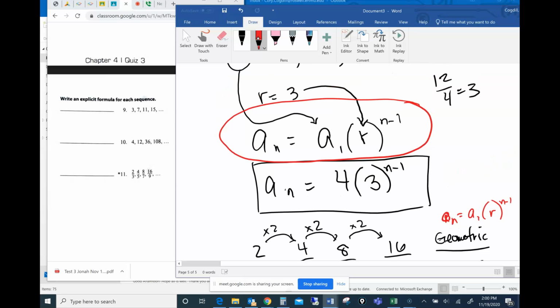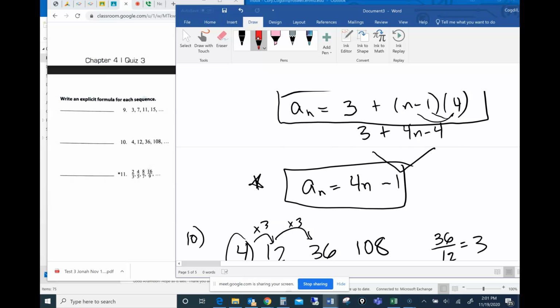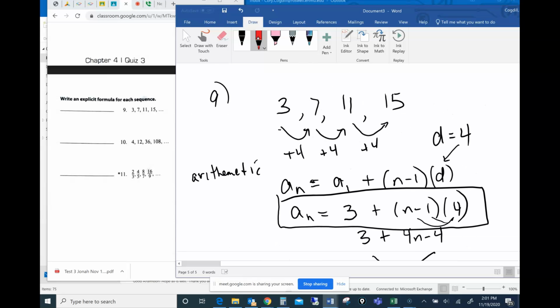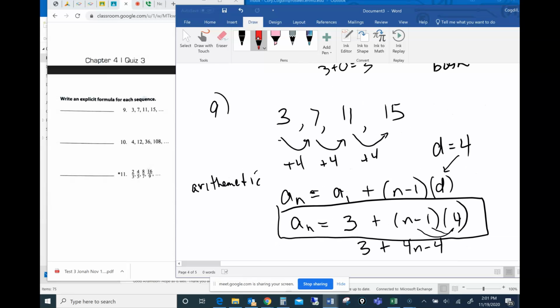Okay, and then for the bottom one, it's arithmetic. It's like number 9. What's the general form for the arithmetic sequences? Here, I'll help you out. I'll circle it.